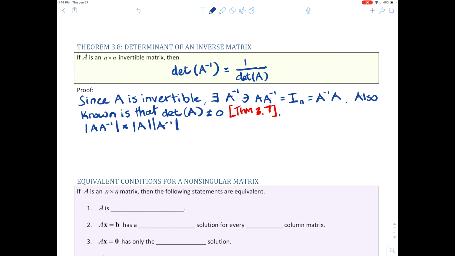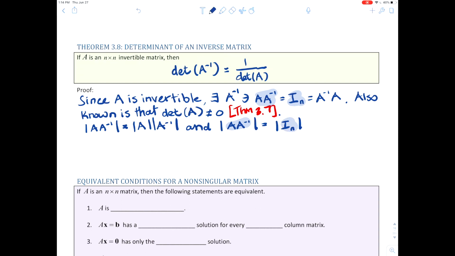What else do we know? We also know that the determinant of A times A inverse has to also equal the determinant of the identity matrix from here. So that's where we get that one.